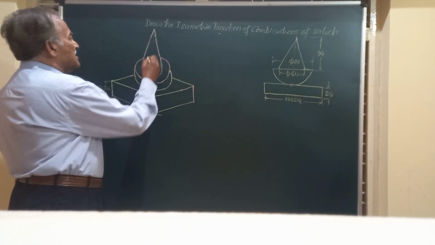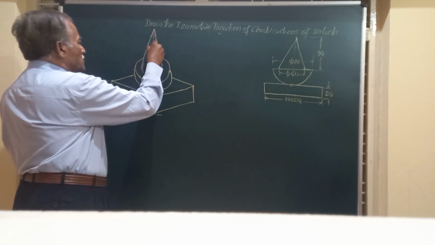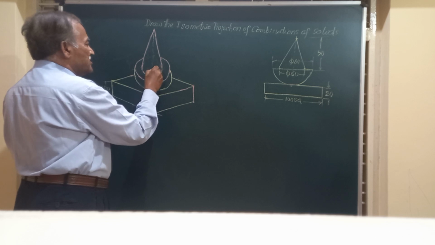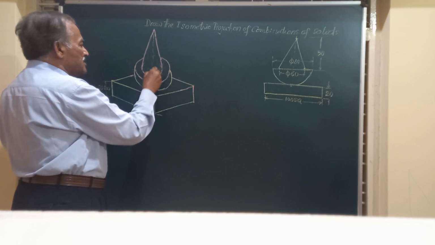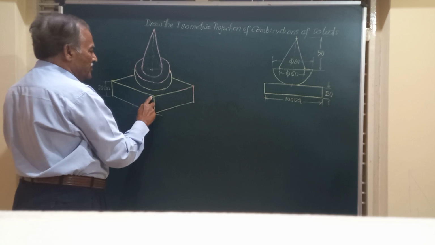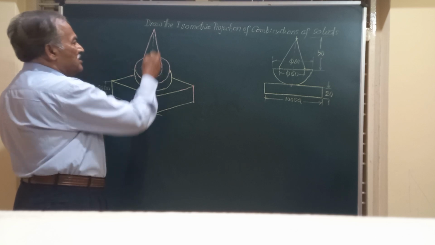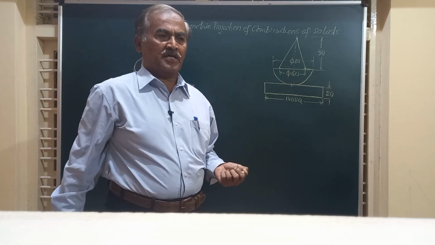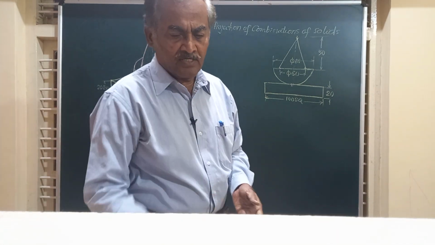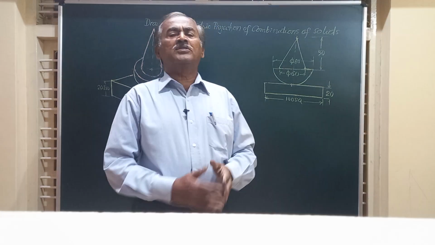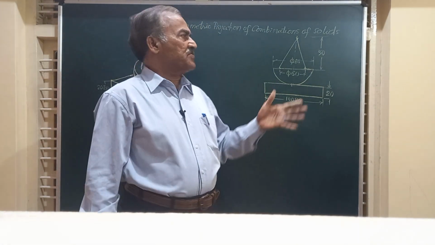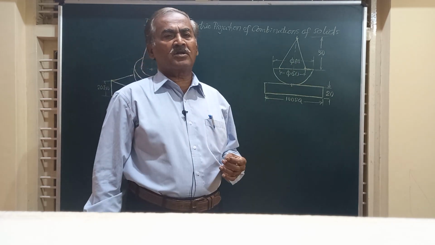That is to say, the axis of this cone, the center point of the hemisphere and the axis of this square block all lie in the same plane. That is to say that they are collinear. Friends, I hope you have followed the isometric projection of the combination of these three solids.